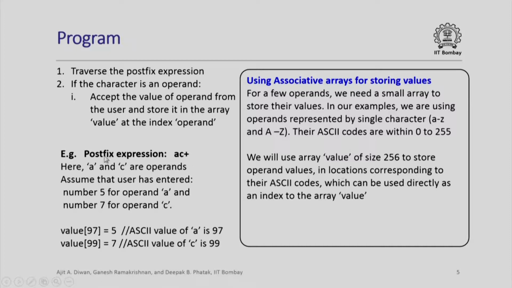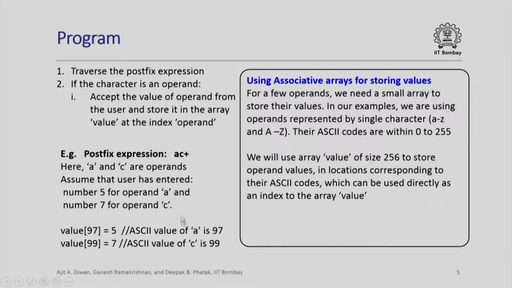So, for example, if we have a postfix expression AC plus, here A and C are operands, assume that the user has entered number 5 for the value of operand A and number 7 for operand C. What we will do is store the value 5 in the 97th element of the value array. Why? Because 97 is the ASCII code of A. So, you see, we do not require to search for the actual operand codes and then find out in which location the value will be stored.